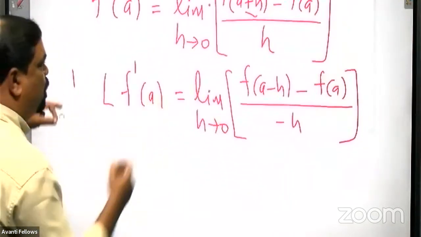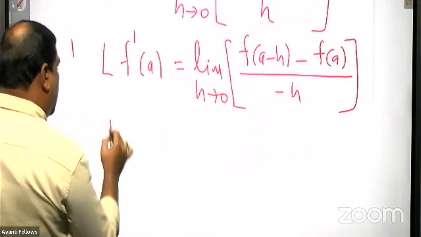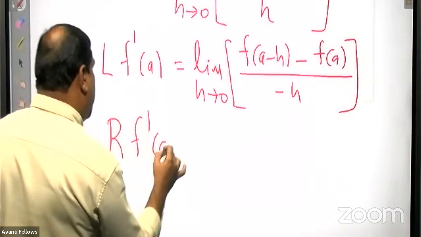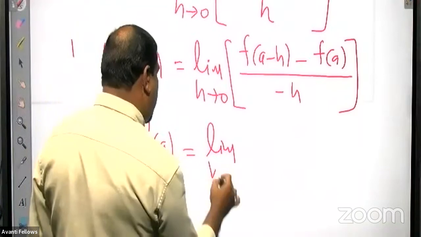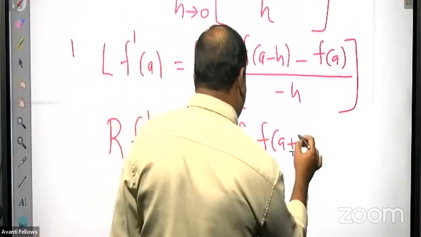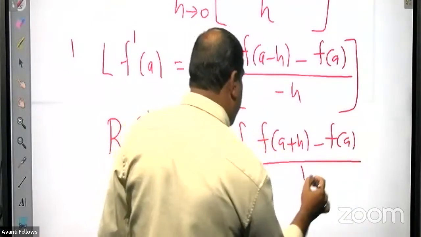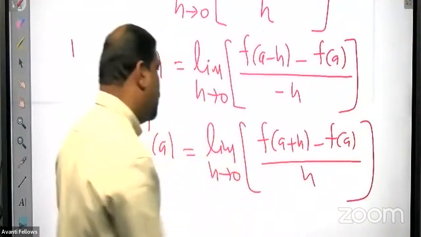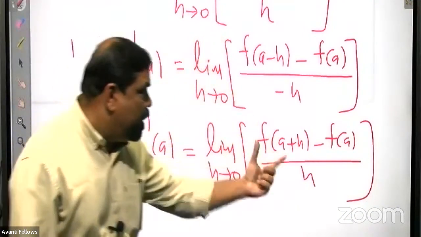I will explain geometrically also. Please wait. And the right-hand derivative is defined as the limit as h tends to 0 of f of a plus h minus f of a divided by h.